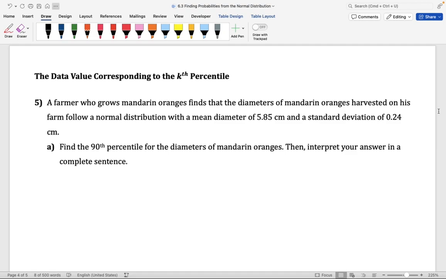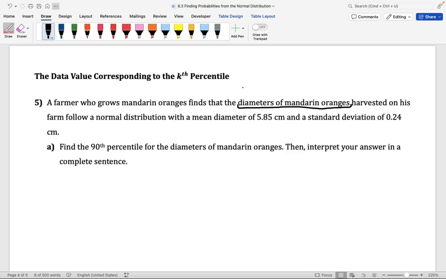In exercise number 5, we're being told that a farmer who grows mandarin oranges finds that the diameter of these oranges that he's harvesting follow a normal distribution. The mean diameter is 5.85 centimeters and the standard deviation is 0.24 centimeters. Here we're looking at the distribution composed of the diameters of mandarin oranges.